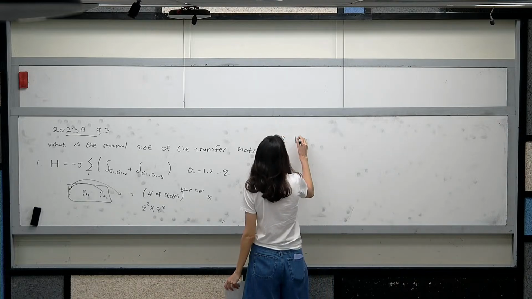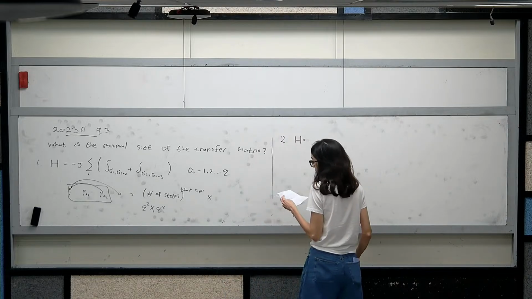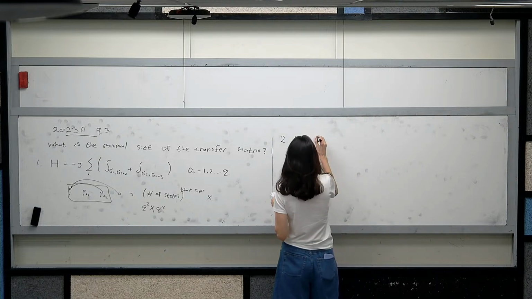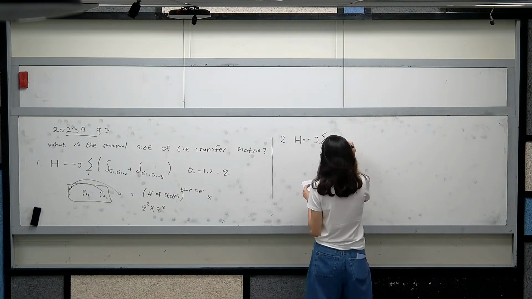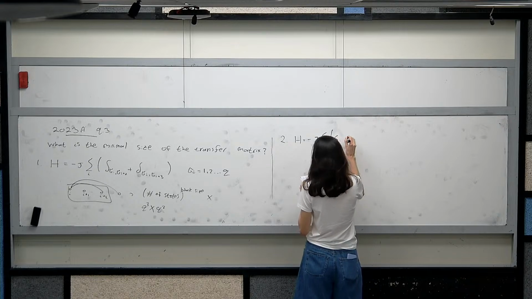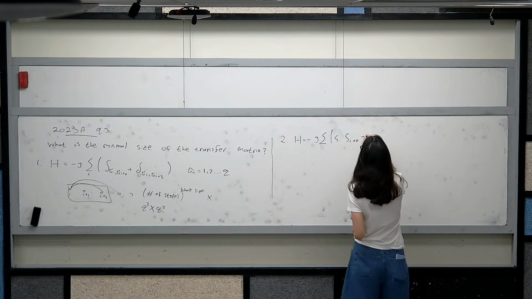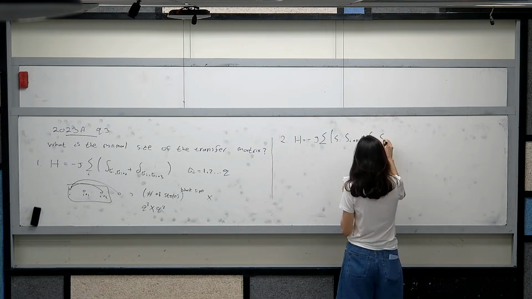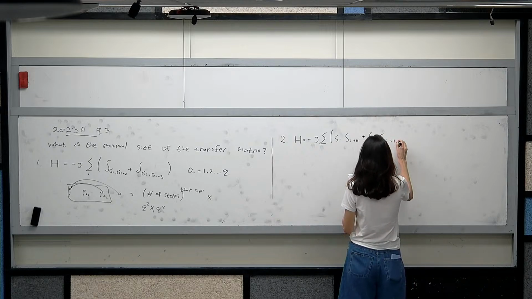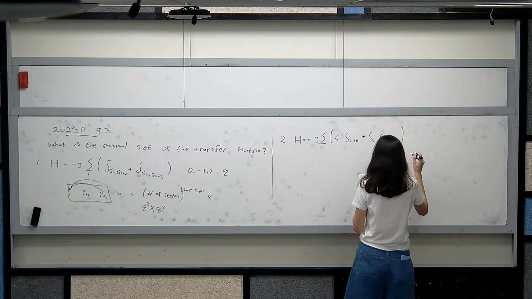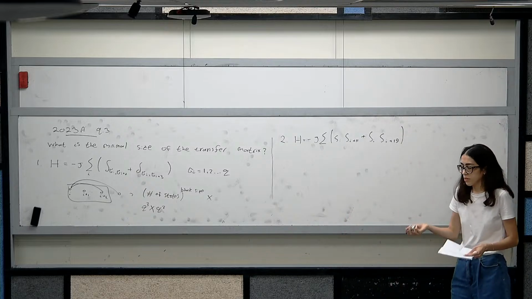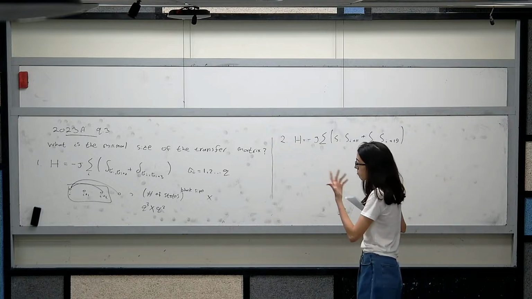Number 2, the Hamiltonian is equal to, this is the Ising model. We have sum over S i with S i plus 11 plus S i plus 19. This one is the same concept. It's even easier.